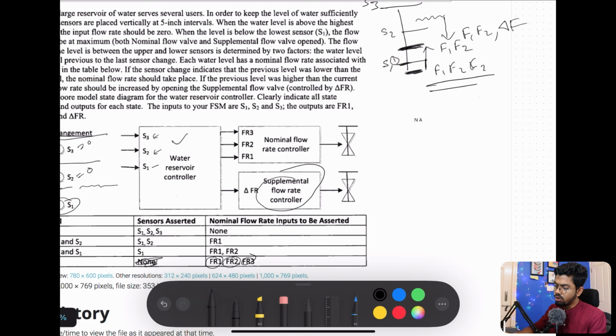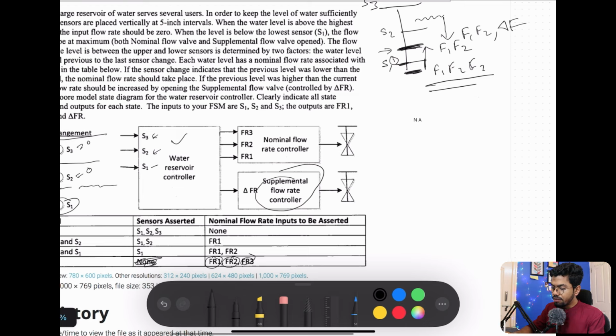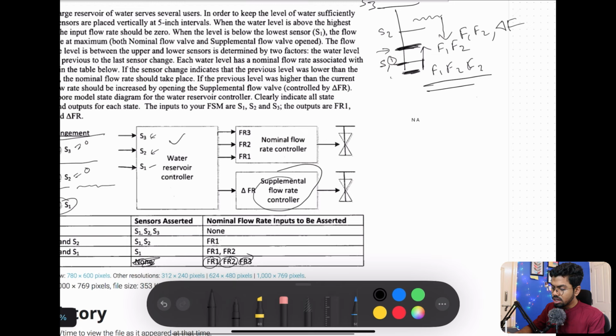So the water is at the same level between S1 and S2, but according to the previous sensor reading, if I am going from position A to B, then previously all 3 sensors were 0 0 0, so you will only open F1 and F2.